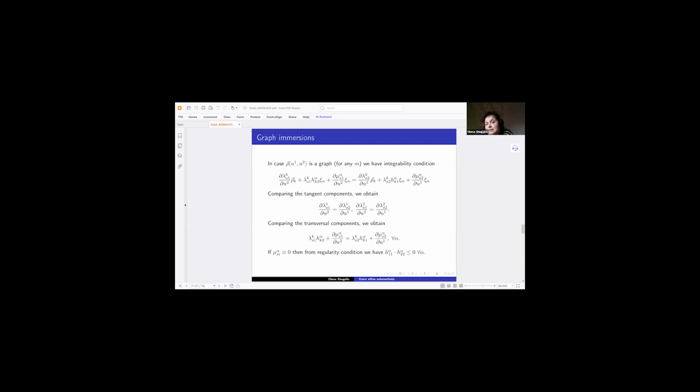It's not just any lambda. It depends on the affine fundamental form. And as we know, we have regularity conditions also.